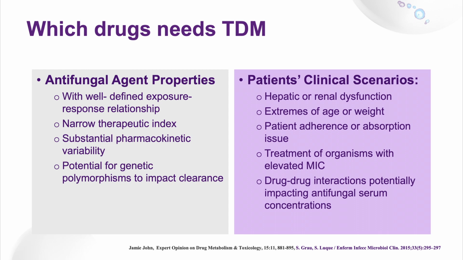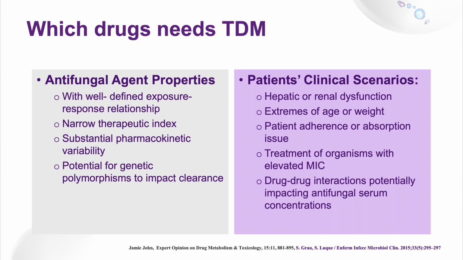So the metabolism or handling of voriconazole would be different in this group of patients. And for itraconazole, the absorption is highly erratic. When you use the capsule version of itraconazole, the absorption is highly erratic. So here we need to check the levels of this drug.